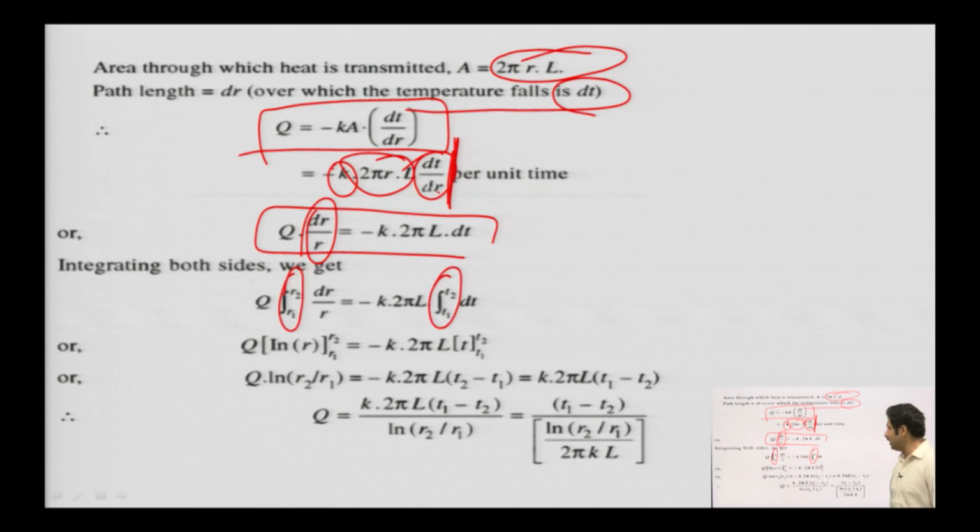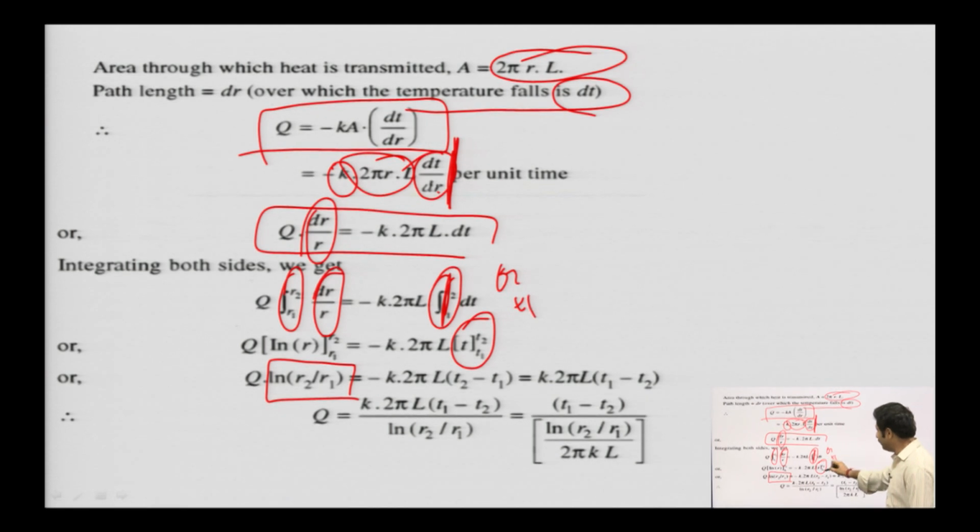The integration of 1 by x is ln x, so you will get the natural log of r2 by r1, and on the right, dT becomes T after integration, which after putting the limits T2 and T1 is T2 minus T1. So ln r2 by r1 equals minus k 2 pi L times T2 minus T1.